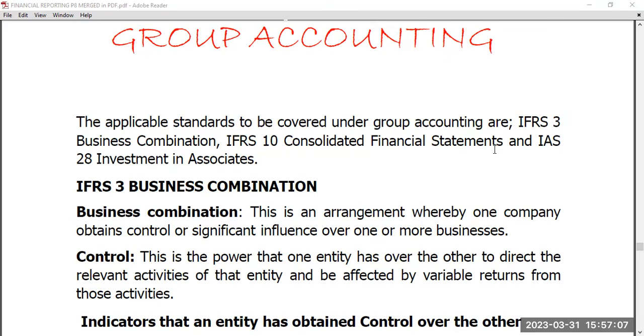Then we look at the different aspects within the business combination, because when companies come together and form a group, there are certain things within that group that need to be done, which we need information on so that we can see how the accounting can be done. So that's all we have for today.